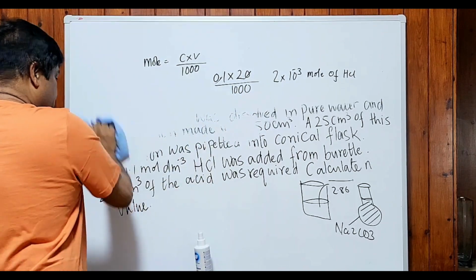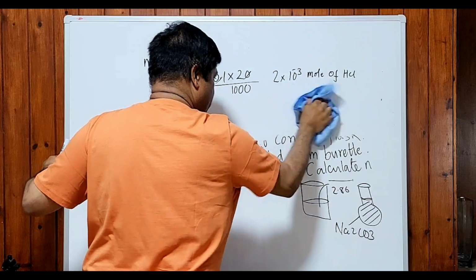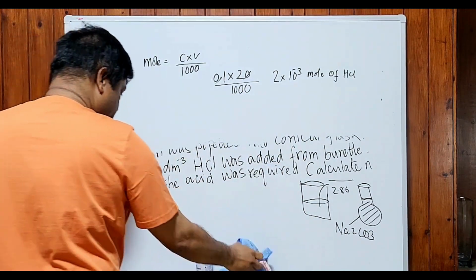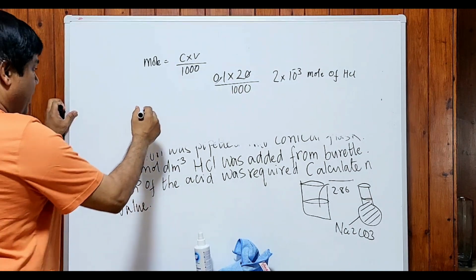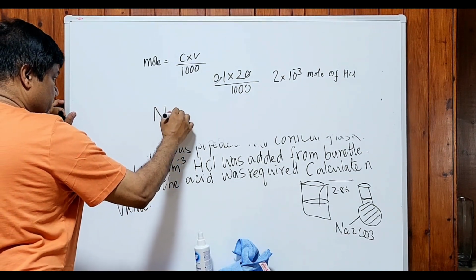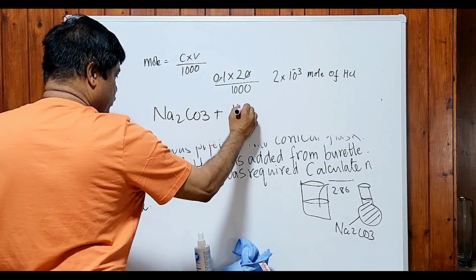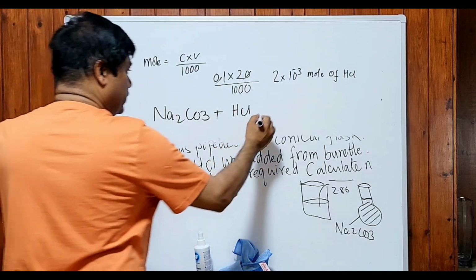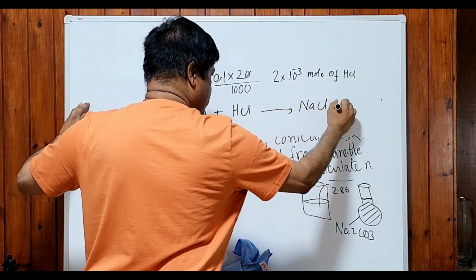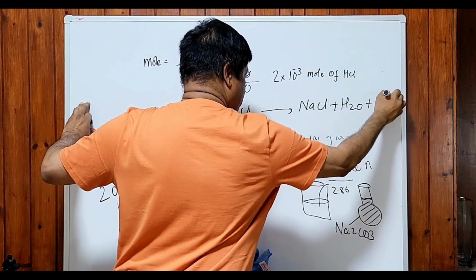Any carbonate, when reacting with acid, gives carbon dioxide, salt, and water. React with acid, we get NaCl plus H2O plus carbon dioxide gas coming out.